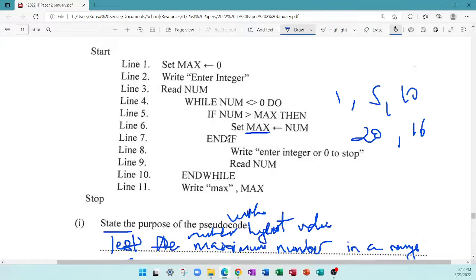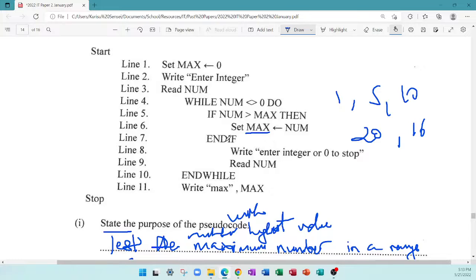A construct is basically the keywords and statements that are inside of the pseudocode. So basically, what are the keywords and statements in this pseudocode here?